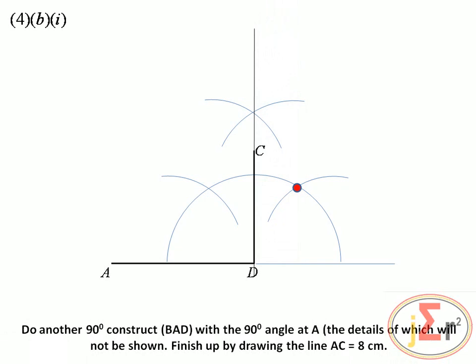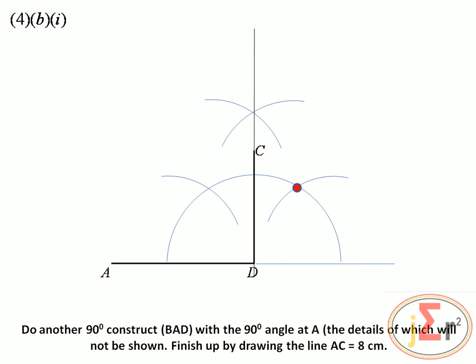Do another 90 degrees construct BAD with the 90 degrees angle at A, the details of which will not be shown, and then finish up by drawing the line AC, which is equal to 8 centimeters. So the other right angle that will be constructed here, we will not go through the details of explaining. We'll just show the construct of it. And I'm sure that we do not need to repeat this construct right here for an understanding of it to be developed.